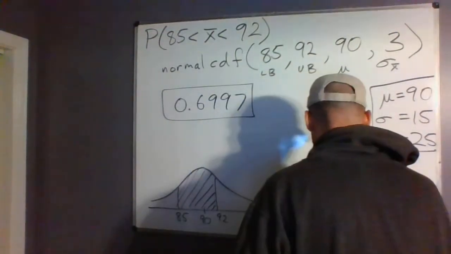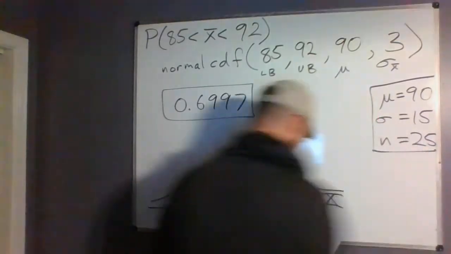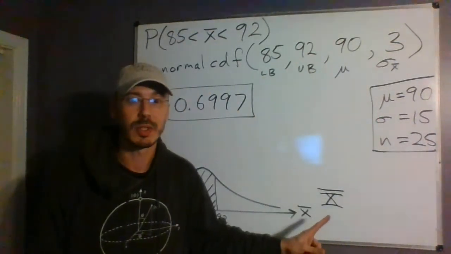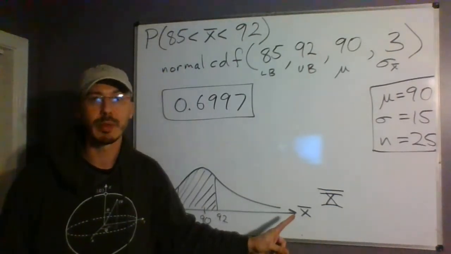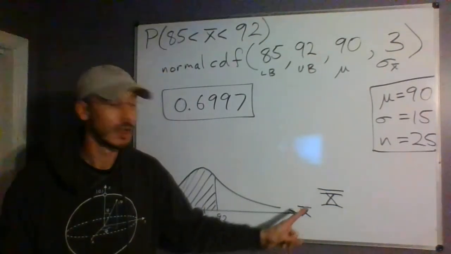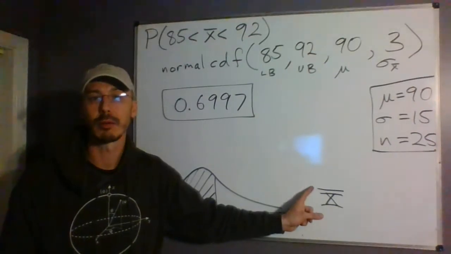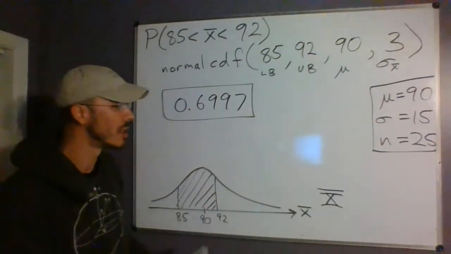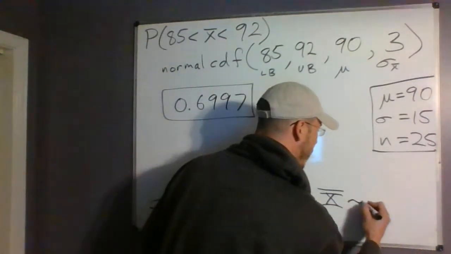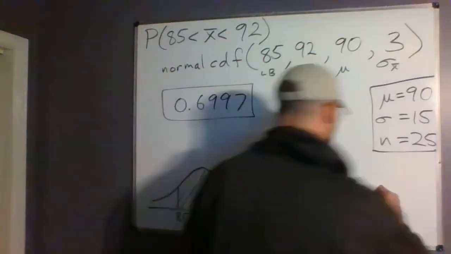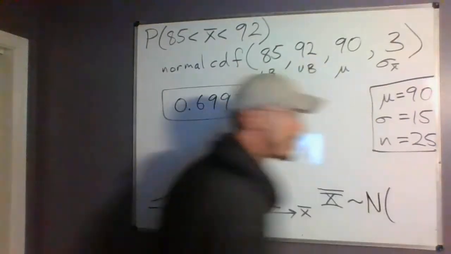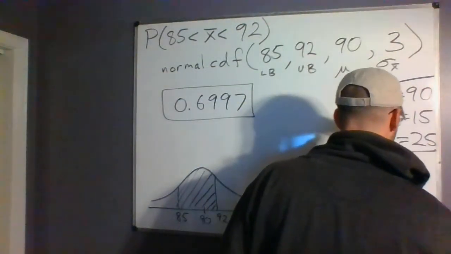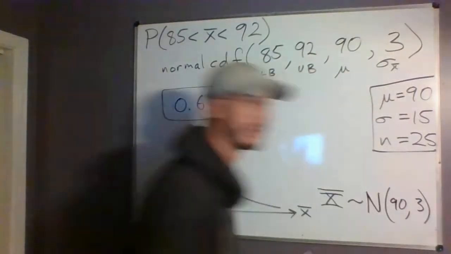I've got one more thing I want to say about this picture. This is the distribution of this sample mean variable. Capital X bar represents the whole distribution, kind of the meaning of the thing. But I want to say that it's distributed normally with a mean of 90 and a standard deviation of 3.